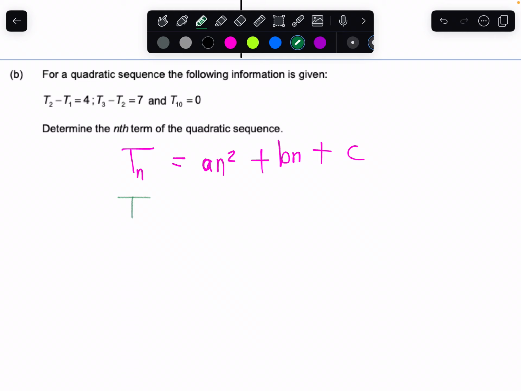So first I generate term 1, term 2, term 3, and term 4.